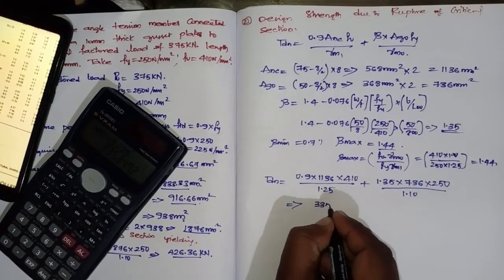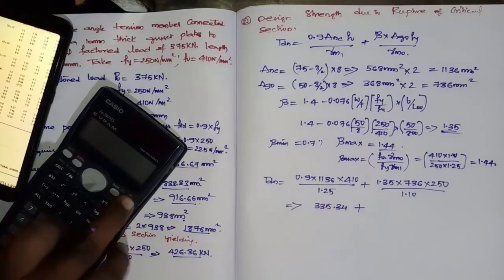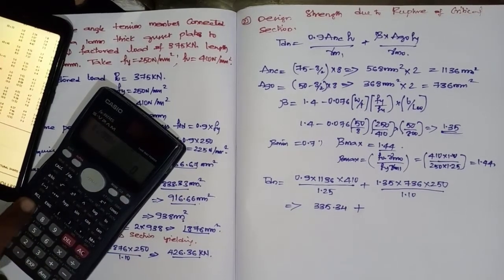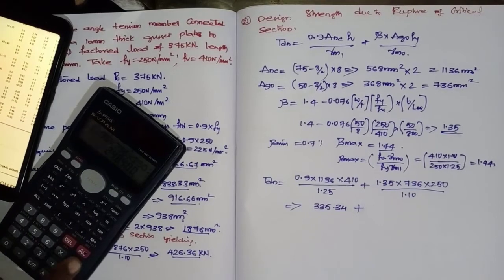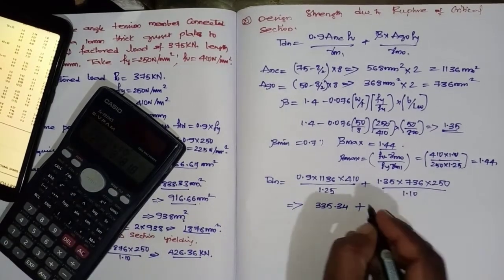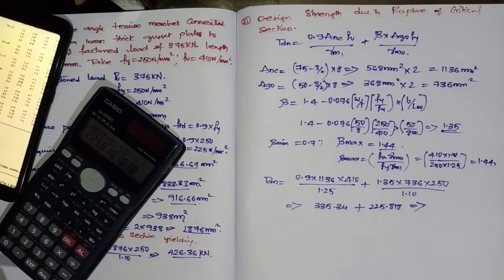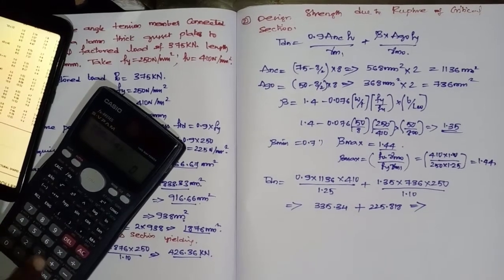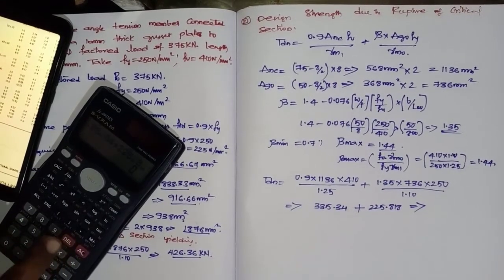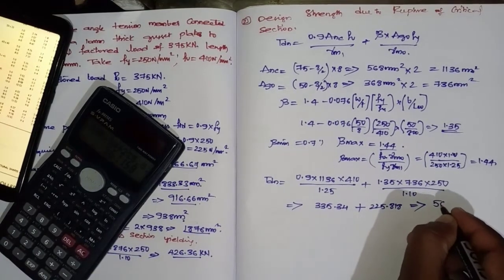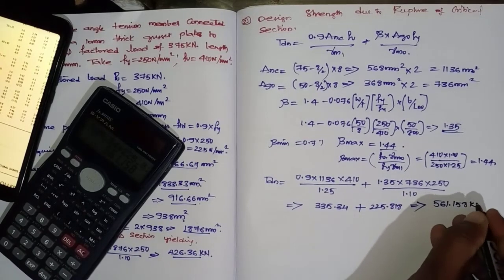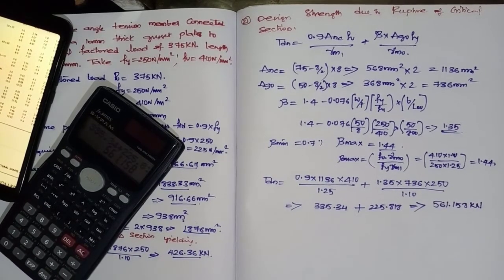So 335.34 kilonewtons plus 1.35 into 736 into 250 divided by 1.10. So 225.818. So how much you are getting? 335.34 plus 225.818. Sorry. So 561.158. Okay.